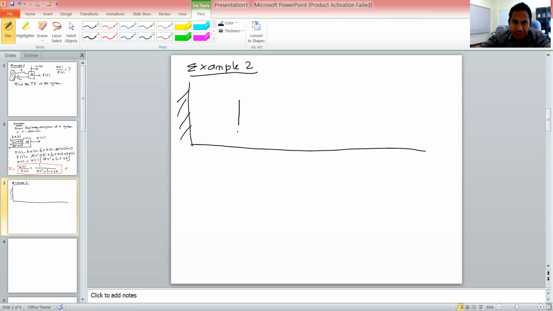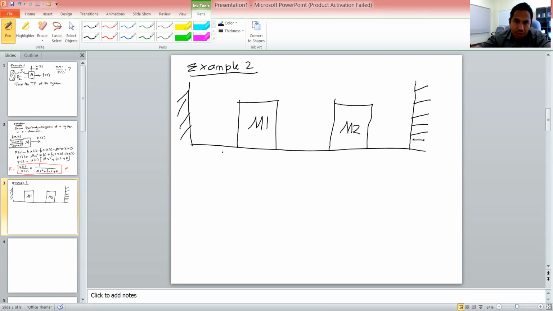We have two masses, mass 1 and another mass, mass 2. This is the wall, and this also is a floor.